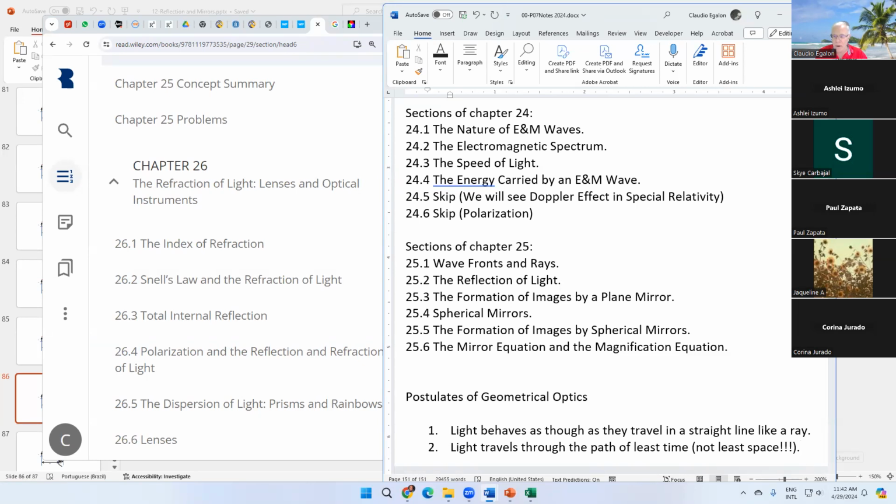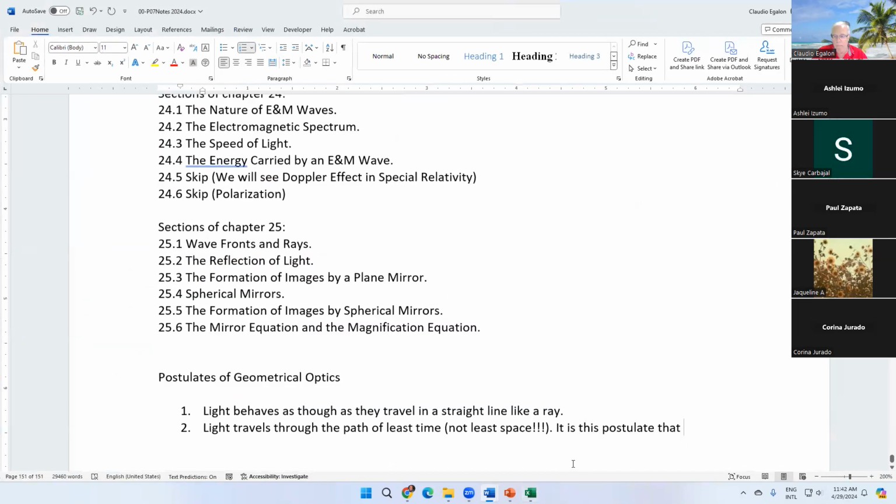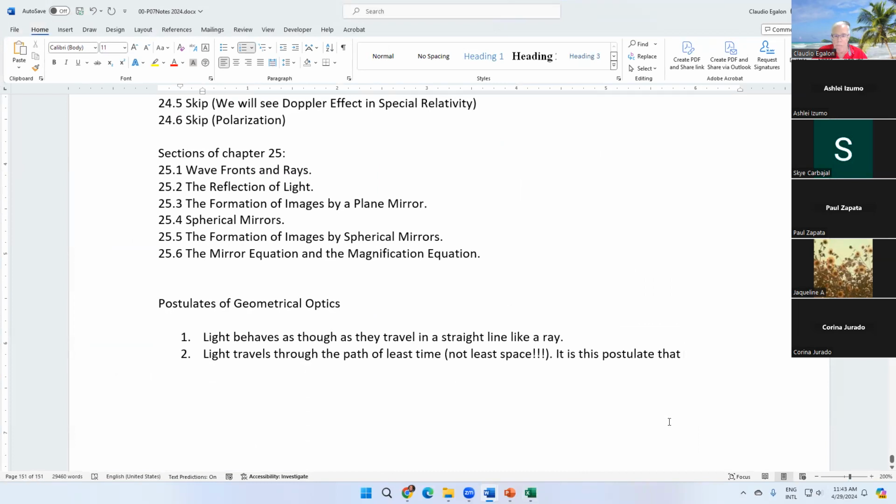It is this postulate that results in the so-called law of reflection.